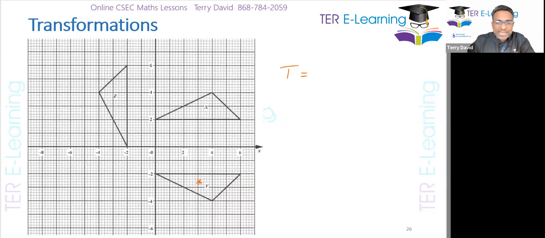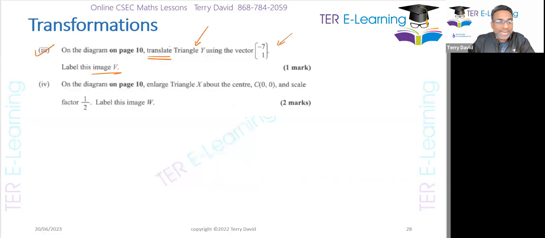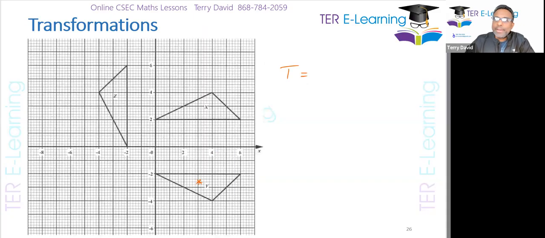Yeah, so we're starting off with triangle Y, and the vector is minus 7, 1. Let's go back here, minus 7, 1.